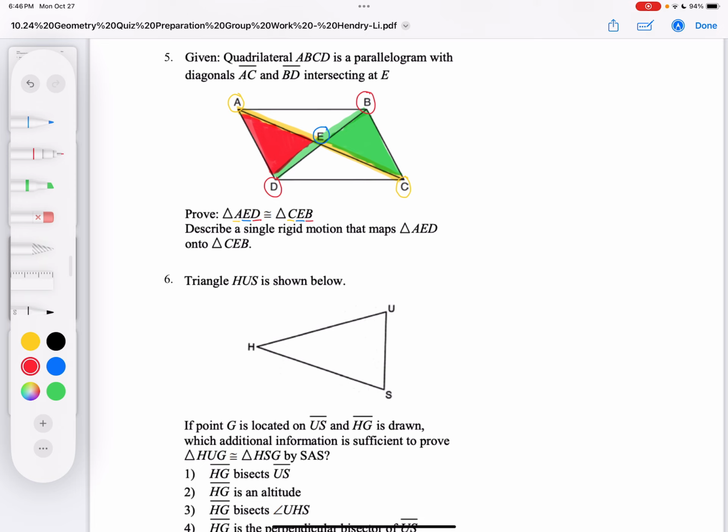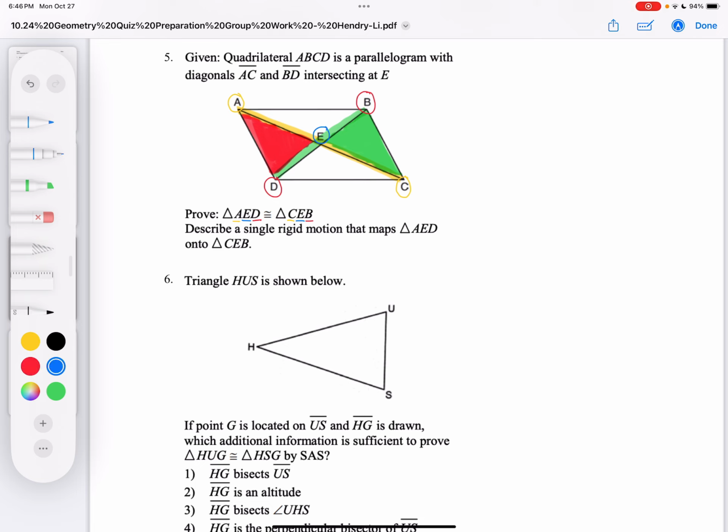And so I know that it's going to be a rotation because A and C are currently in opposite corners. They're like upside down right now. So A is on top, and then after a single rigid motion, now it should map onto C, which is on the bottom.